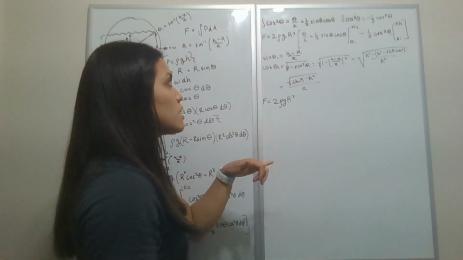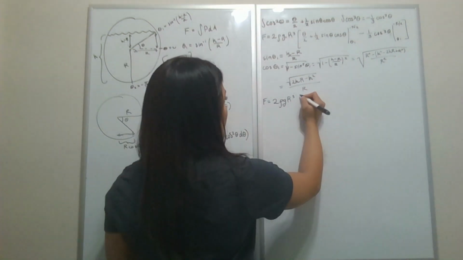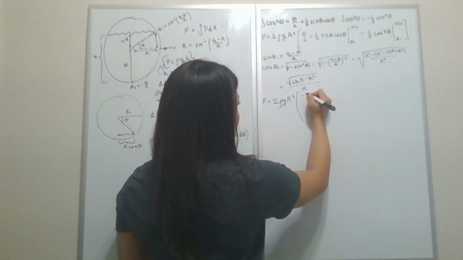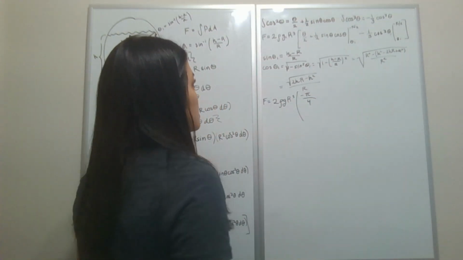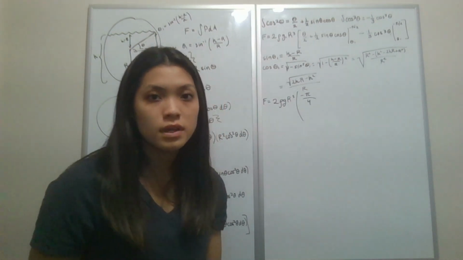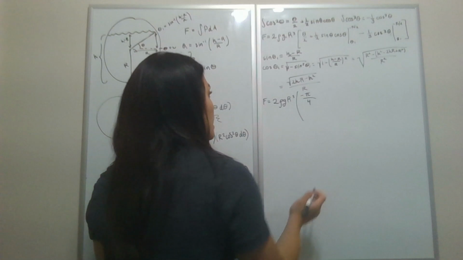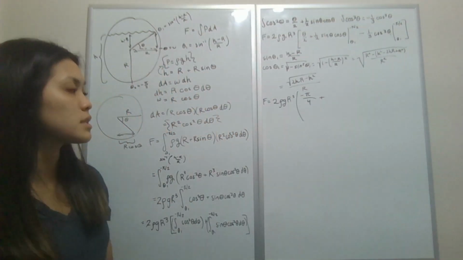First, negative pi over 2, plugging that in for theta, we're just going to have negative pi over 4. And then the sine of negative pi over 2 is just 0, so we can eliminate that term.